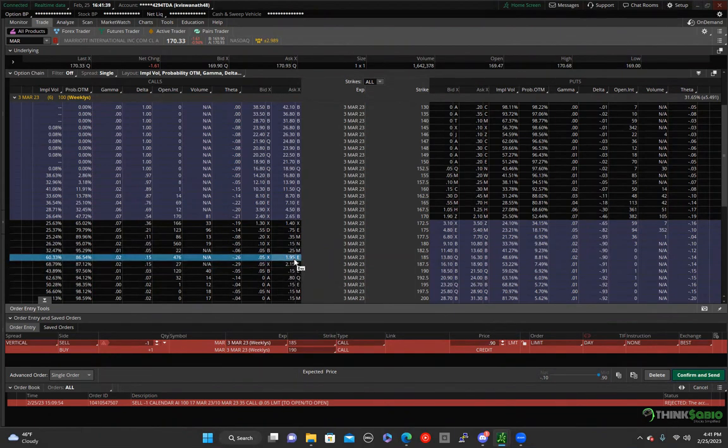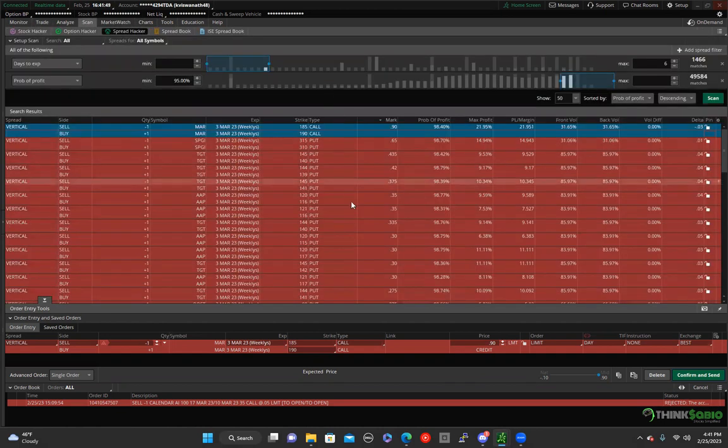Look, it dropped from 195 to $15, just between $5, right? So the scanner is going to look for stocks that have wide spreads, and then it's going to look for stocks that have a very low probability of touching those strikes. I mean, this is amazing right in front of you.